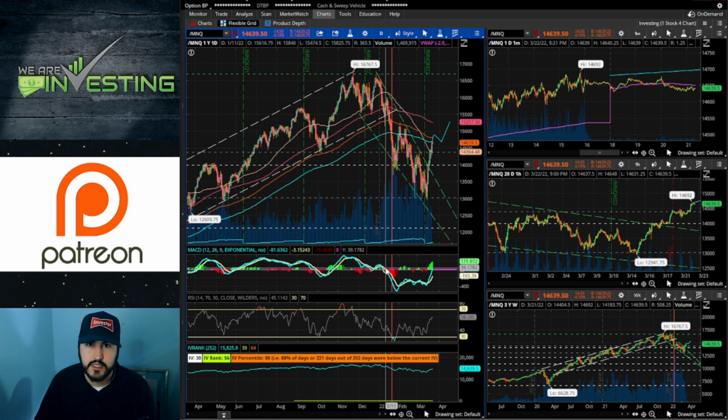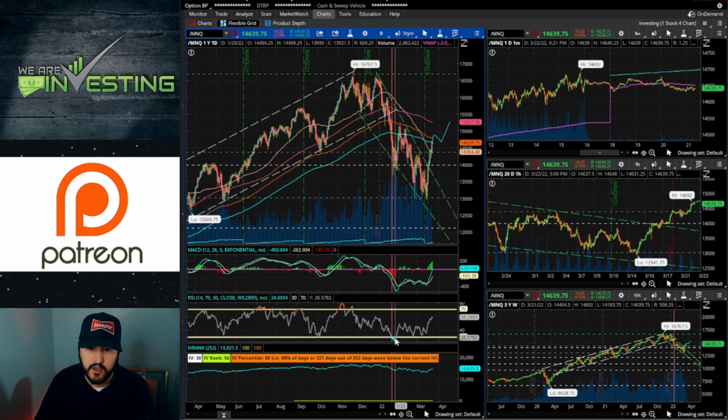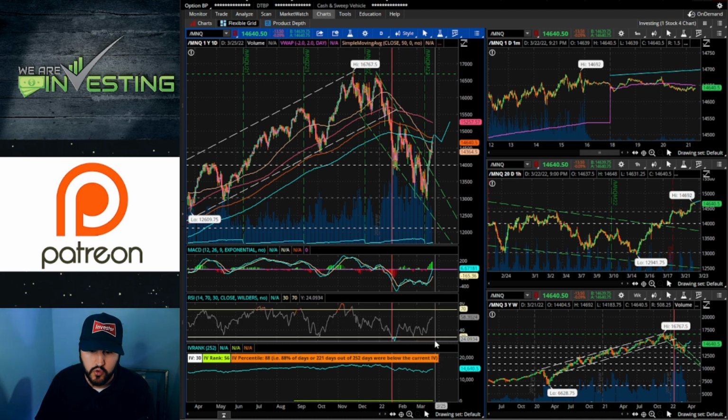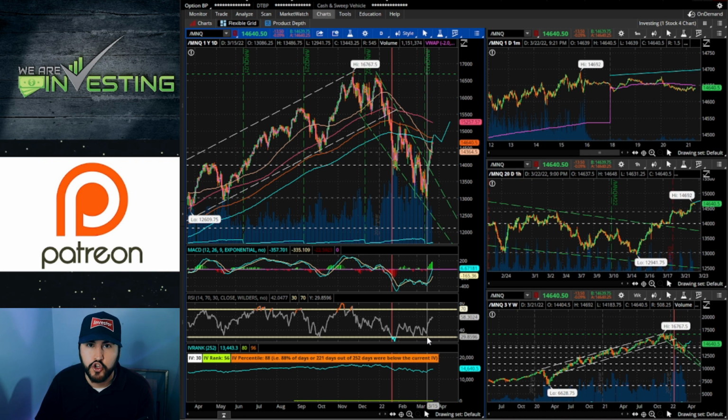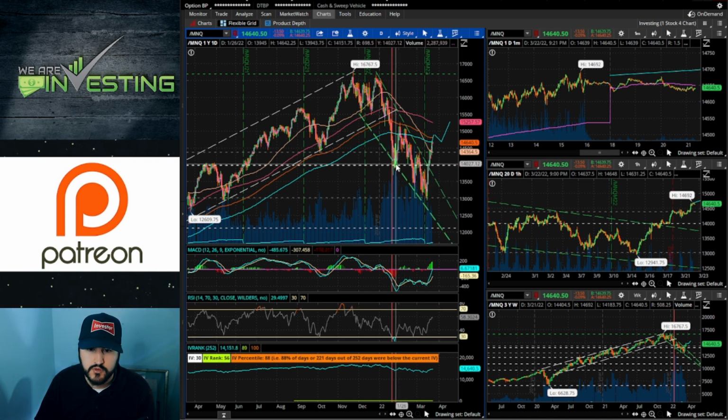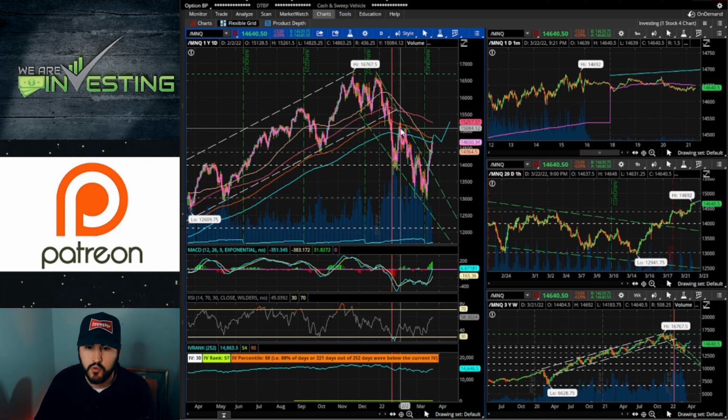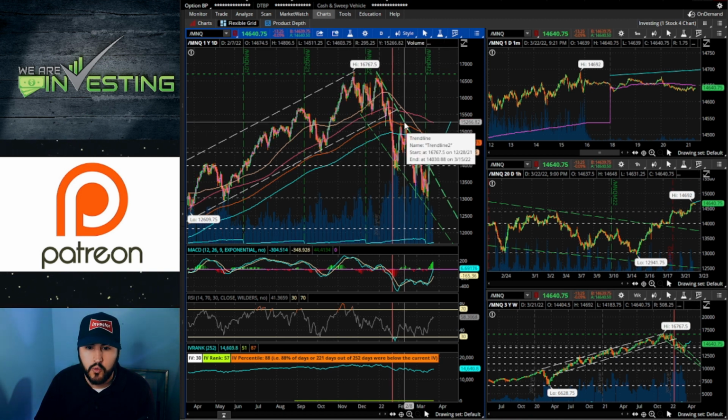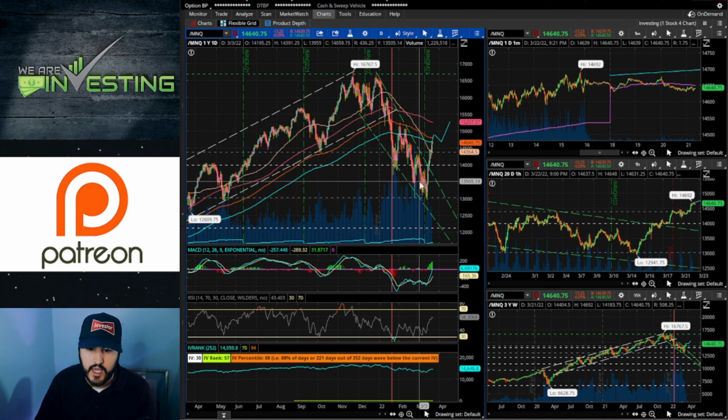In addition, some things that you can use are the RSI. For instance, when this index got oversold and we had an RSI of below 30, that corresponds right here. We did have a little bit of a rebound. But ultimately we followed the same trend and we headed lower.